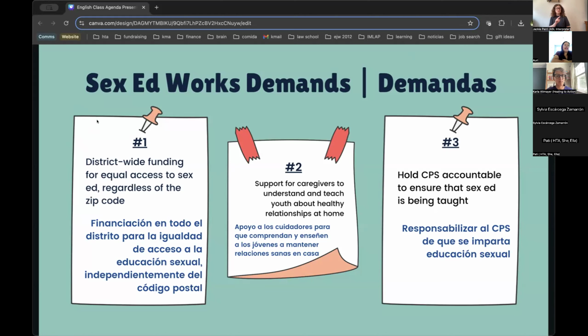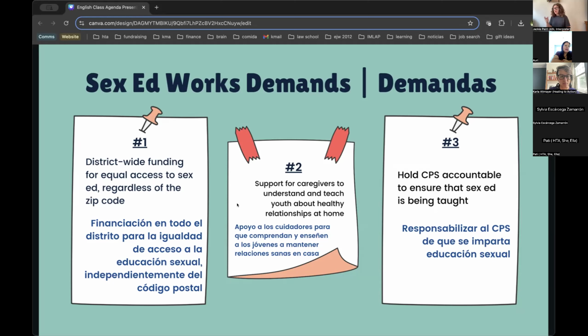Sex Ed Works is the result of survivors of gender-based violence who are seeing the connection between their own experiences of sexual violence and what the kids are going through nowadays.